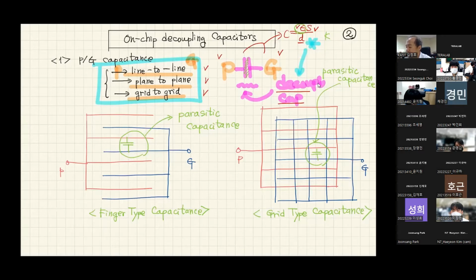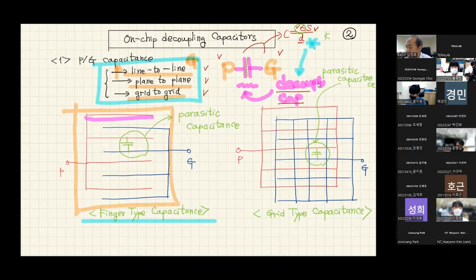On the left side, there is an example. Let's assume that this is the silicon chip, and there are finger type metal wires connected to power from the external package or PCB.